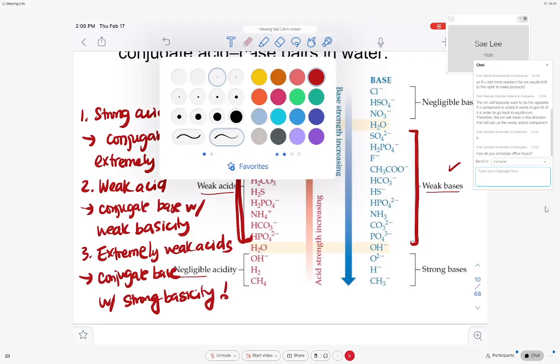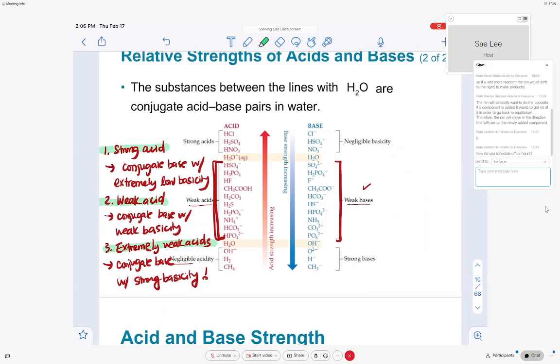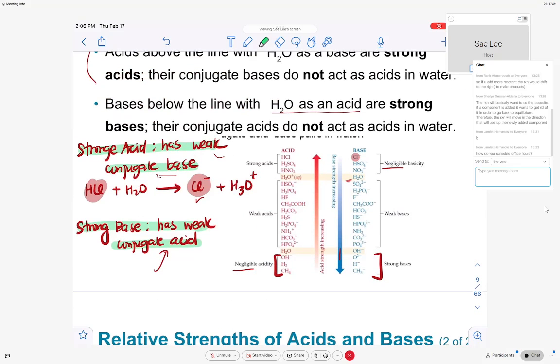These are the three things to take away from the past two slides.